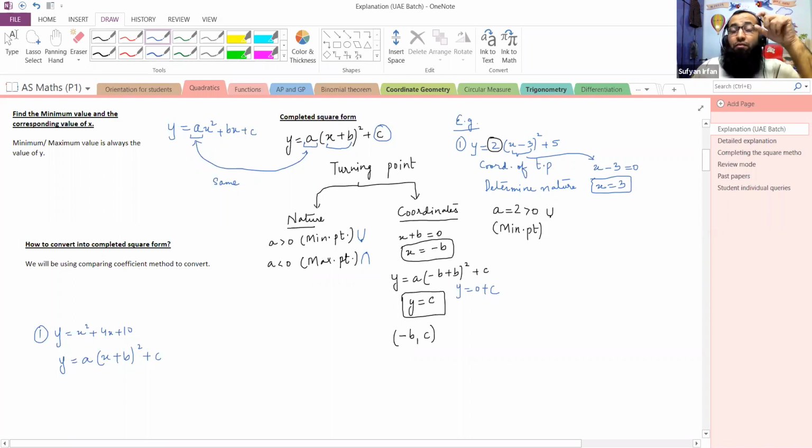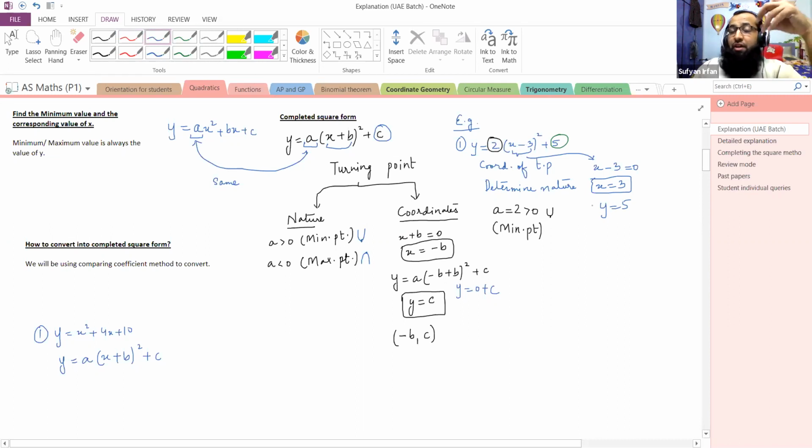Now, when we substitute the x coordinate 3 in the original equation, 3 minus 3 whole squared is 0, multiplied by 2 is 0. So at the end, I am going to get this 5. This means the value of y is directly equal to 5. You can have a question as to why this plus 5 is the y coordinate.